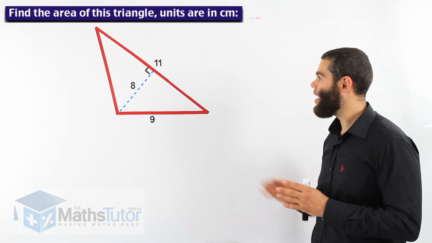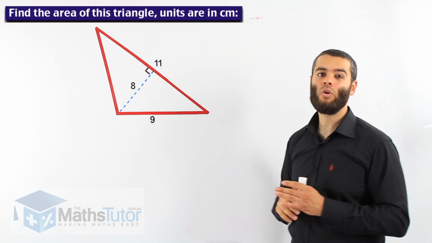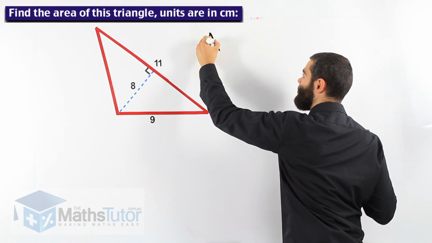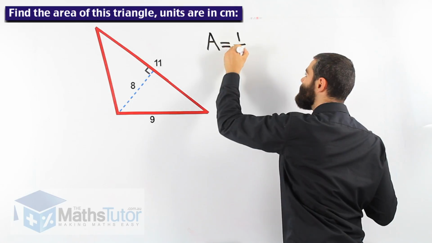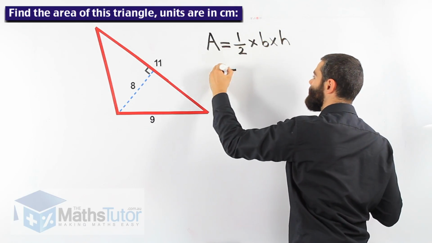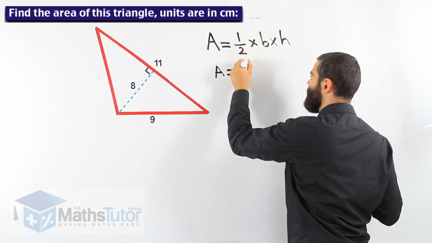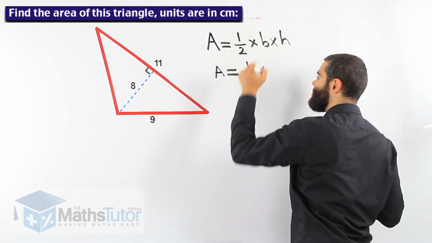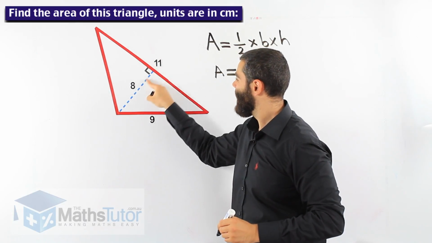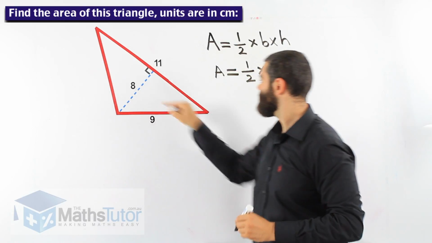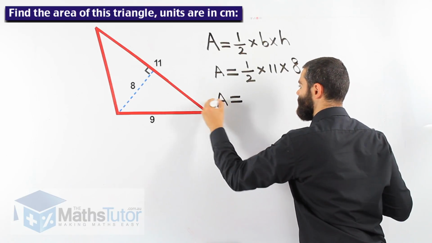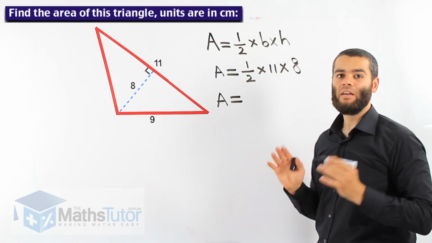Now that we can identify our base and our height, we can work out this triangle using the formula. Half times base times height. Half, the base is 11, there it is, meeting at right angles with the height 8. 11 times 8 is 88.